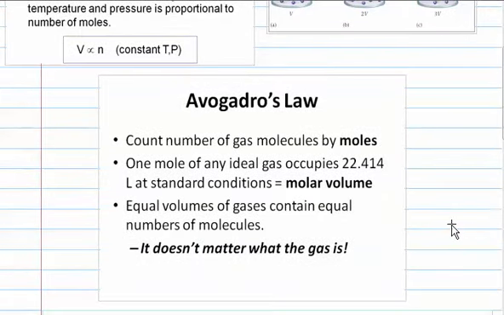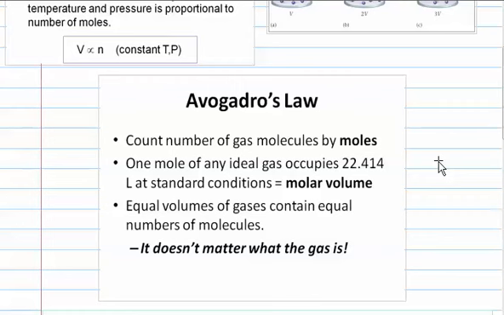And in fact, it leads to something that we call the standard molar volume. That allows us to basically count gas molecules in terms of the number of moles of molecules by a volume of gas. So rather than having to weigh a sample of gas, we can simply measure the volume of that gas and understand there's this relationship between the number of moles and the volume of that gas at a standard temperature and pressure.